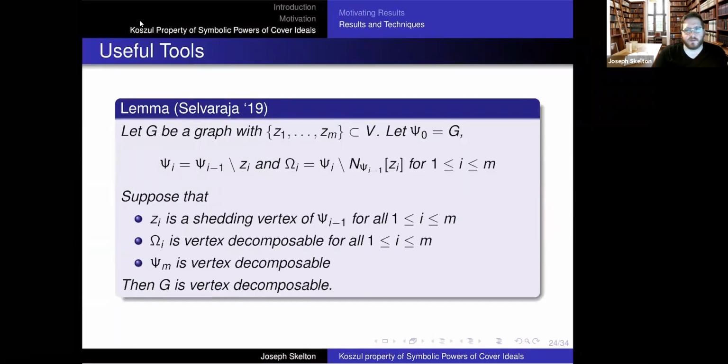So, some useful tools that I'll be using. This was in Selvaraj's paper. It's a way to prove a graph is vertex decomposable without having to go through showing that G minus x and G minus the neighbors of x are vertex decomposable however many times. The idea is to give yourself a sequence of vertices, z1 to zm. Then define psi i to be the deletion of the first i vertices in your sequence, and omega i to be the deletion of the first i vertices in your sequence and the neighbors of the ith vertex in your sequence.